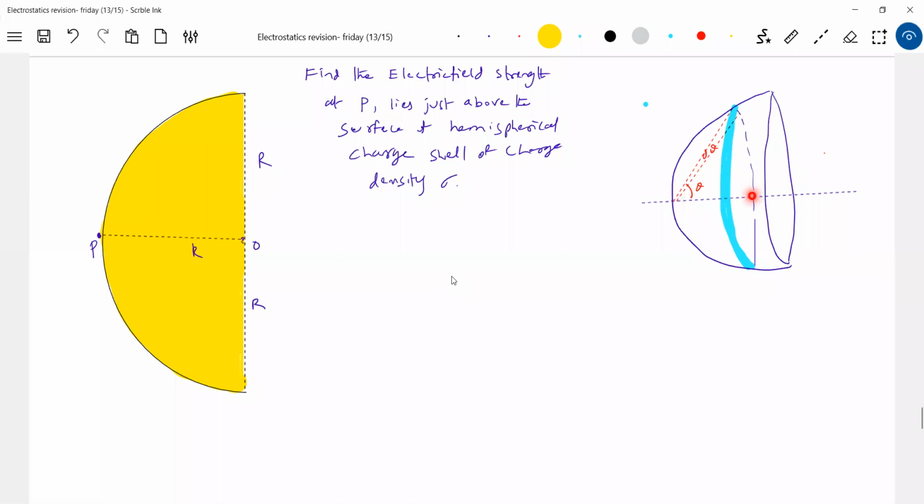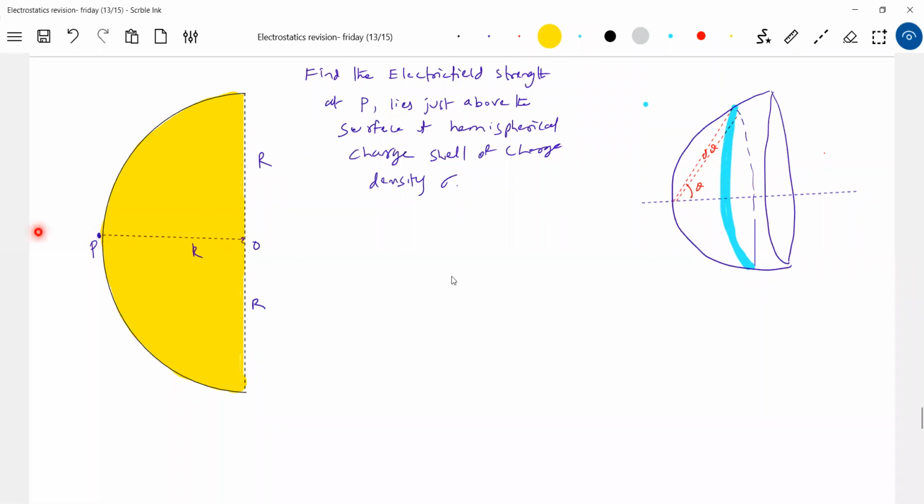Zero is where the ring starts. But you can't write pi by 2, because the point P is here. So here you can't write 0 to pi by 2. Some angle is there, we don't know that, because the point P is here.